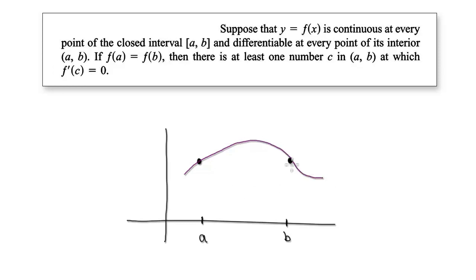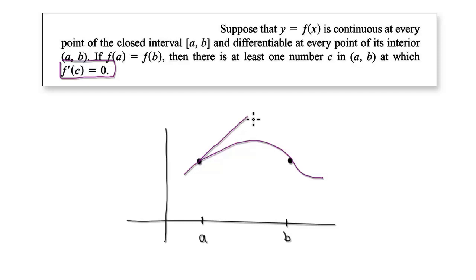So for example, let me give you this random function here. You can try and break this down by saying, well, I'm going to look at f prime. I'm going to create an f prime where the gradient is never 0. So let's look at this one here. I'm always going uphill, uphill, uphill, uphill, meaning that the gradient is never 0.